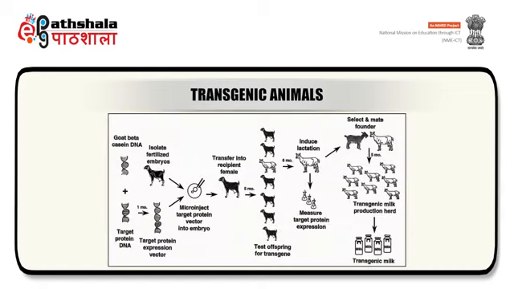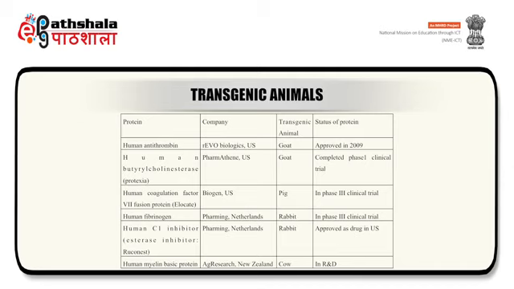As an example, here we can observe the production of casein DNA in the milk obtained from a transgenic animal. And in the next table, we can see the companies and the recombinant products obtained from the transgenic animals.